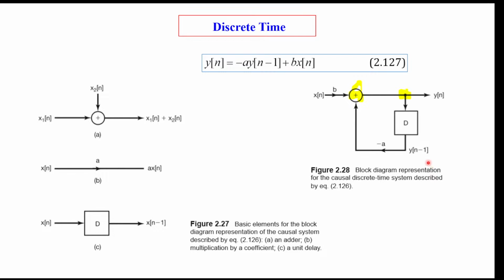If you want to construct a system that has this property, then as an engineer you can build a system with these three kinds of elements: some system that does this time delay, some system that does this multiplication, and some system that does this addition.